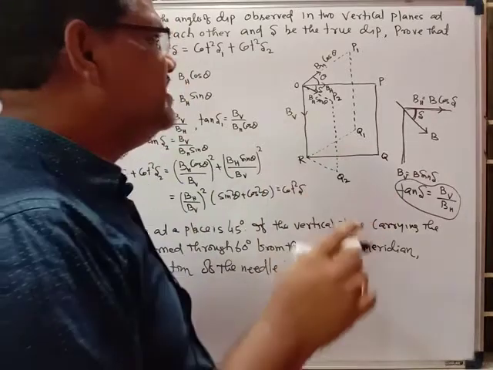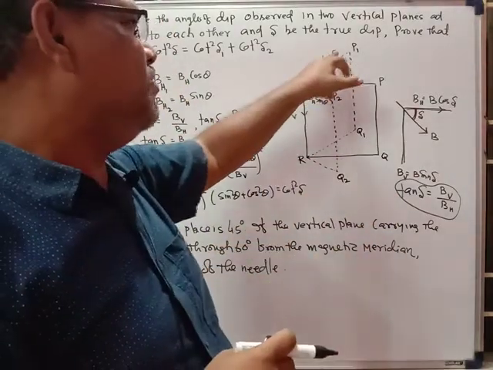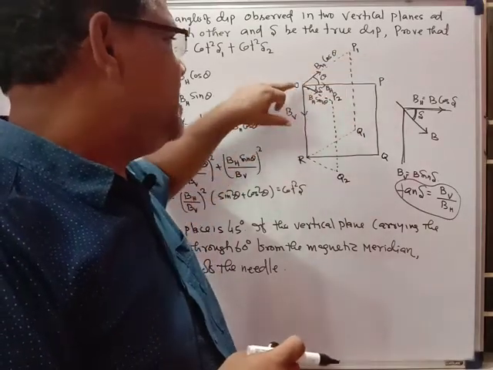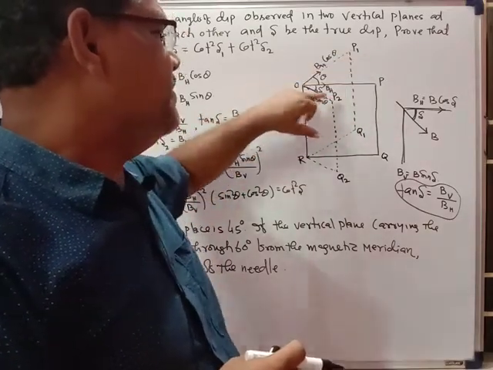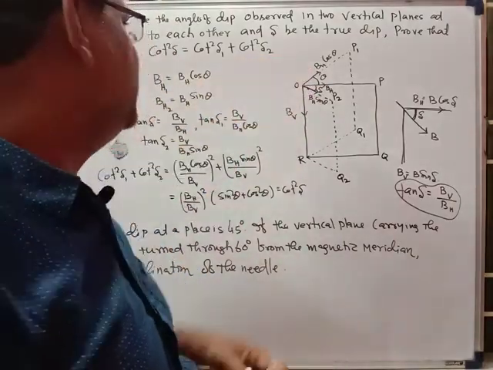BH is resolved into two rectangular components: BH cos theta along OP1 and BH sin theta along OP2. Clear? Because the angle between the two planes is 90 degrees.